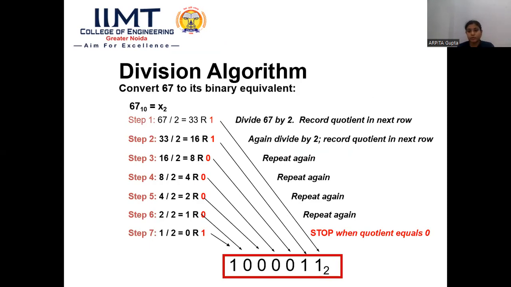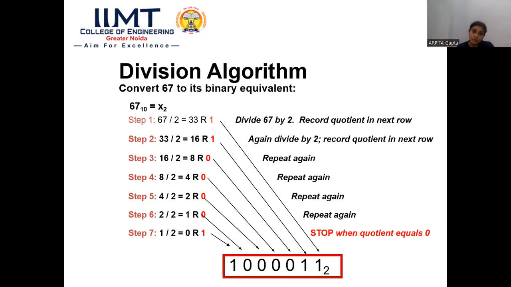Again divide by 2, quotient is 16 and remainder is 1. Again dividing 16 by 2, we get 8. This process repeats till the quotient is equal to 0. When the quotient equals 0, we stop the division and write the equivalent binary number.